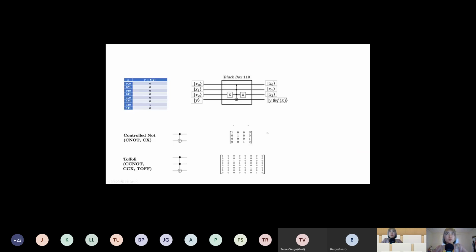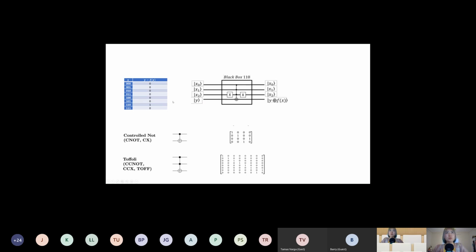And for Grover, we can build several different types of boxes depending on which item we're searching for. For example, the black box for 110. If we just have 3 qubits that we are interested in, we can just arbitrarily say 110 is what we are looking for. And the label of that, f of x, we expect it to be 1, and the other ones would output 0.